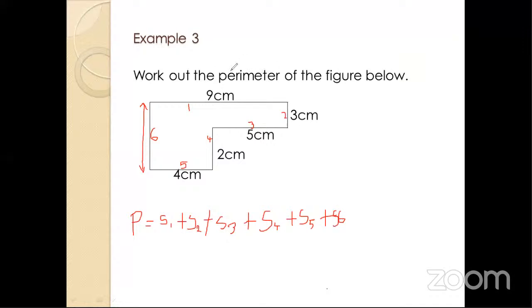So those are the sides we have in that shape. Now the question is, are all the sides given to us? No, there is a side missing.